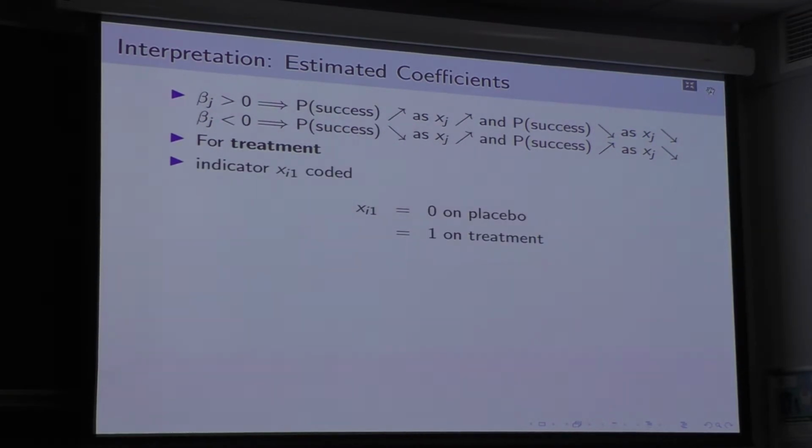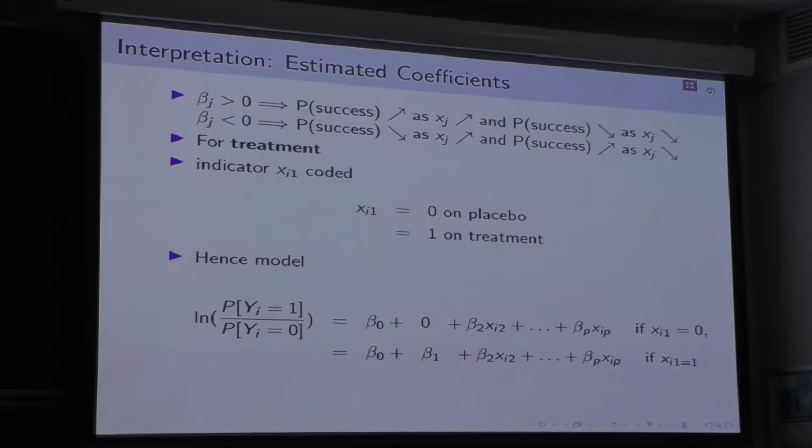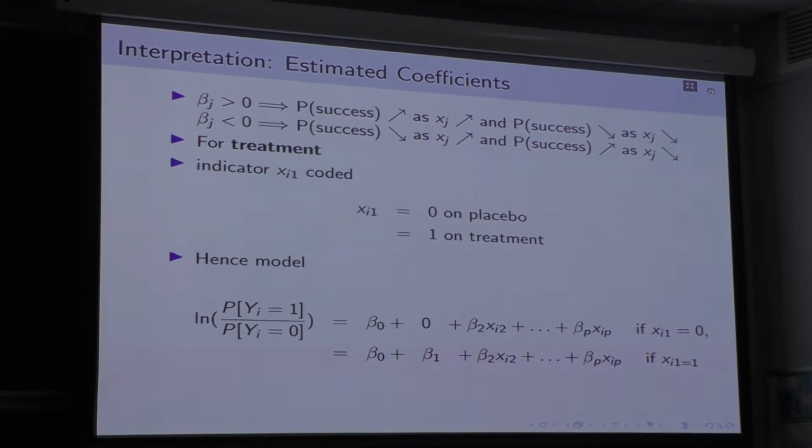If you code x1 as 0 for being on placebo and 1 for being on treatment, then the models will be like this. If you're on the placebo, you don't have any x1 term, that's gone, whereas here, you get beta 1 times 1 if you're on the treatment.